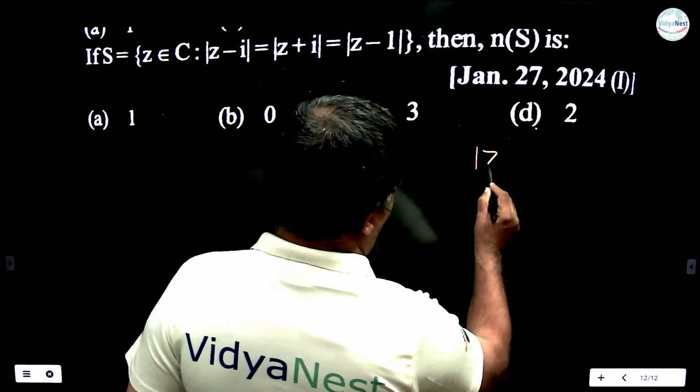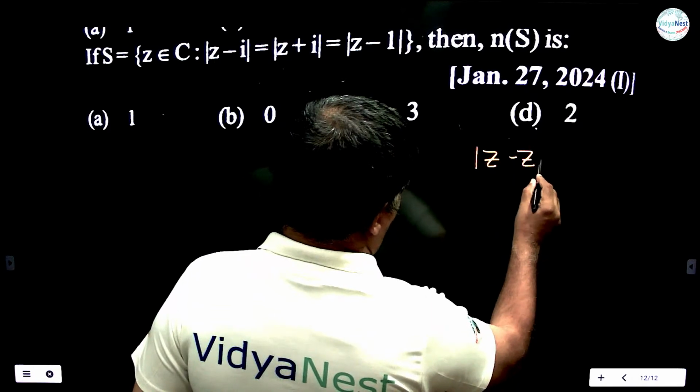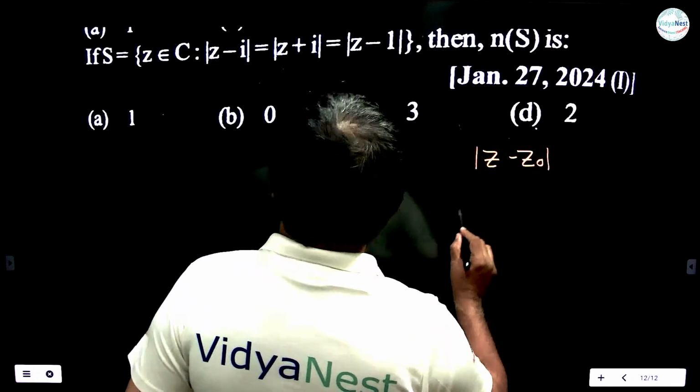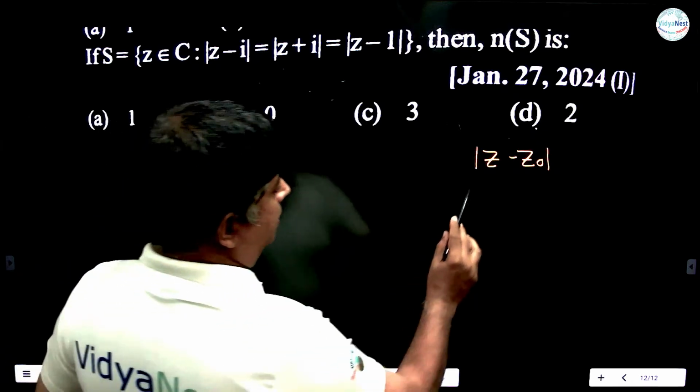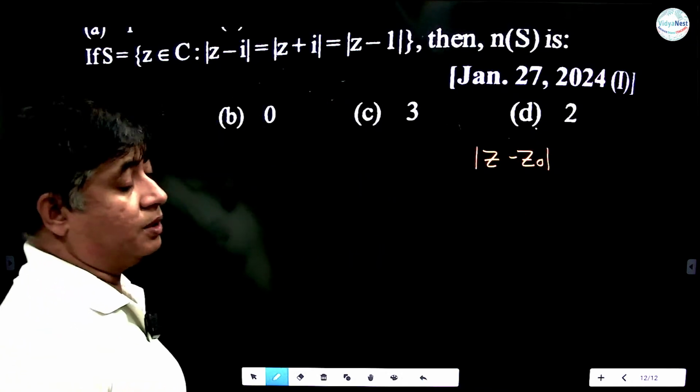Mod of z minus z0 means what? It is the distance between z and z0.